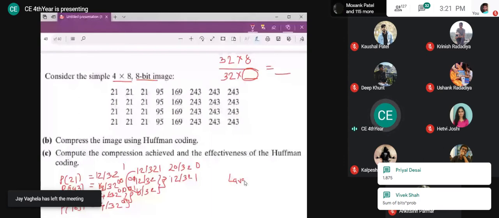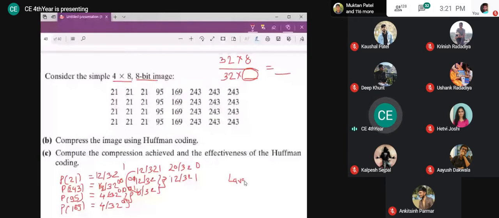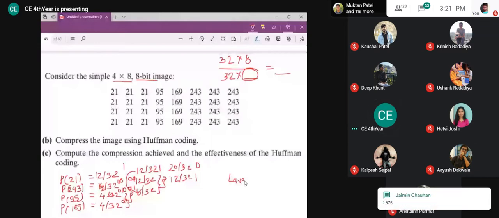What is L average? Vivek? It is 1.875. We are getting 1.875. Good.